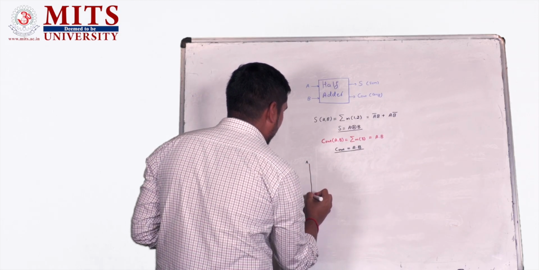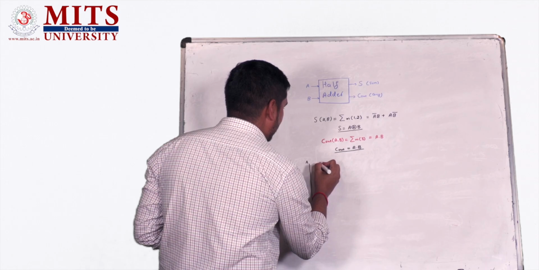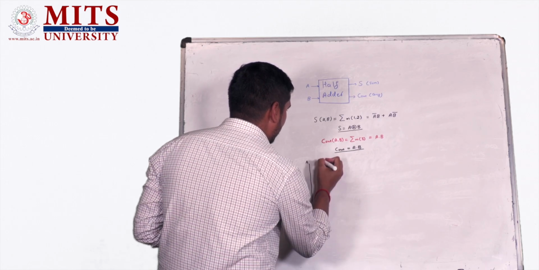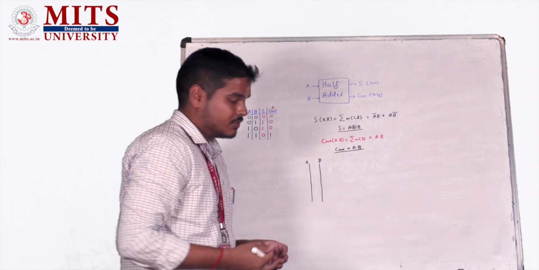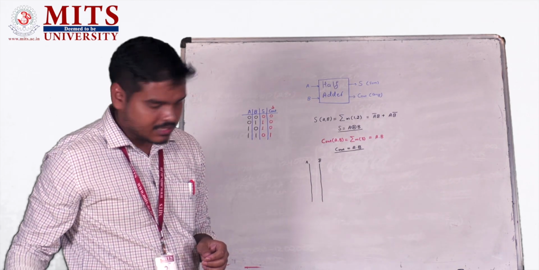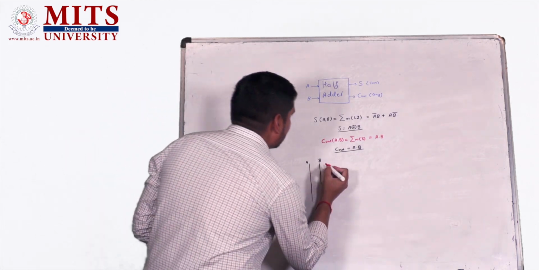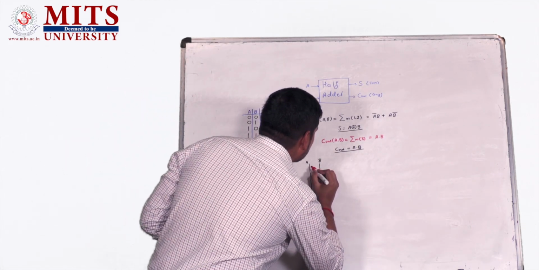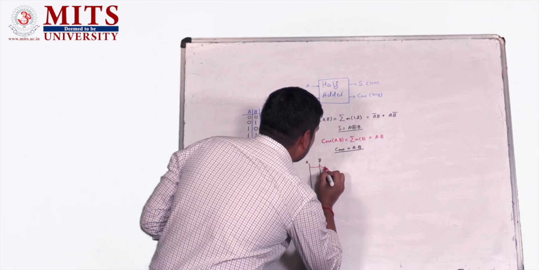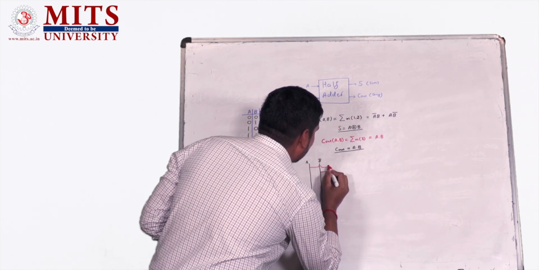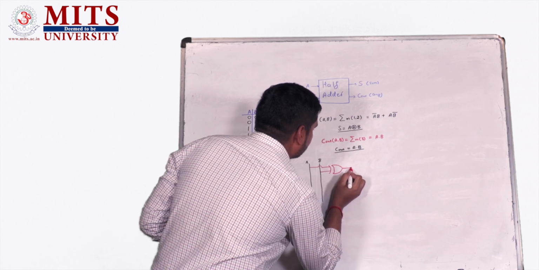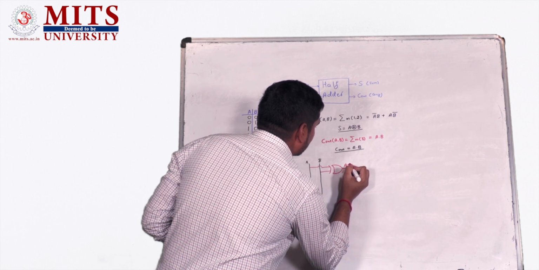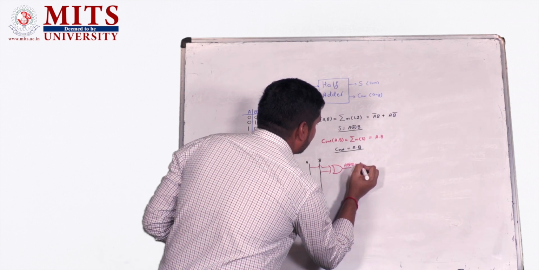This is A, this is B. Now using these lines, let us try to draw the circuit diagram. So first, it is sum operation, it is XOR between A and B. A XOR B, that is nothing but sum.